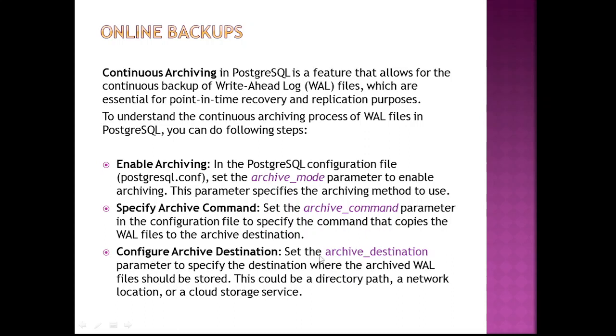Then configure the archive destination. You need to put the particular location where you want to copy your WAL files. This could be a directory path on the same server or some other server, or cloud storage is also possible.